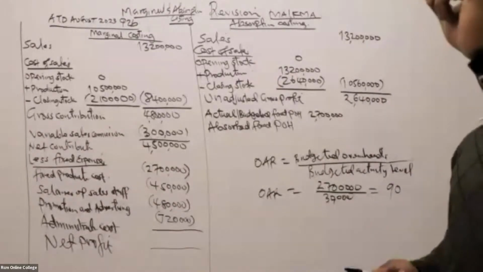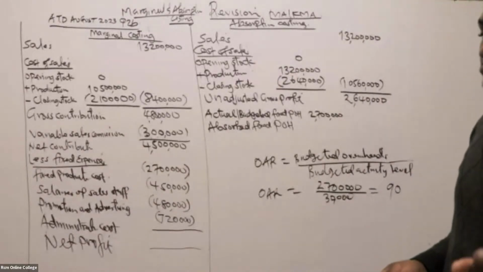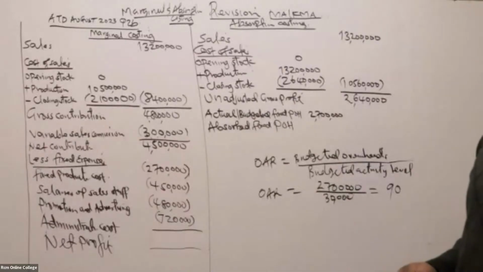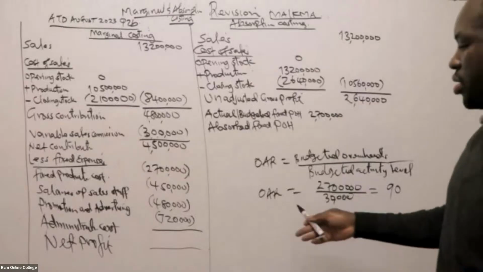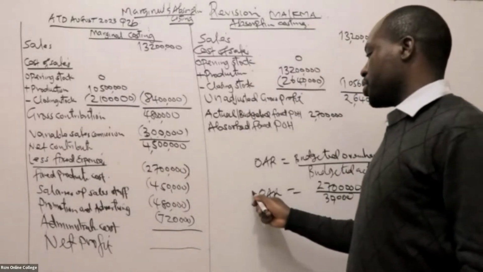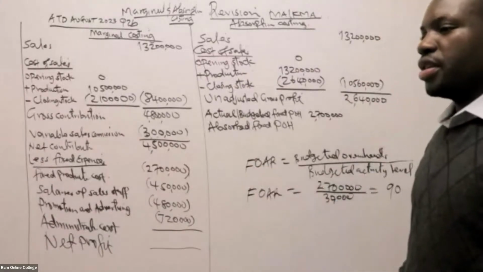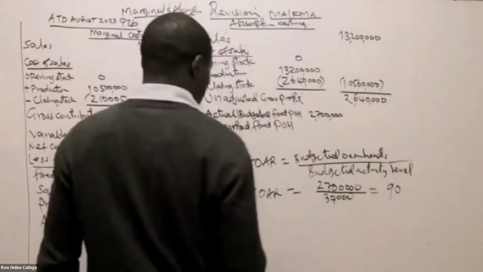It was the fixed production cost per unit. The budgeted fixed production cost per unit is what we call the fixed overhead absorption rate.